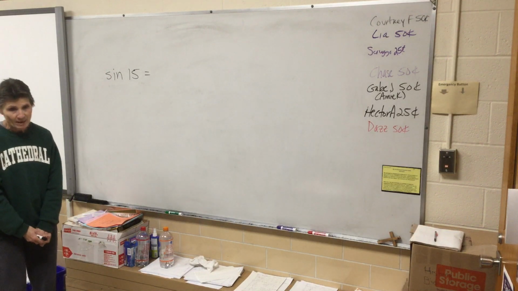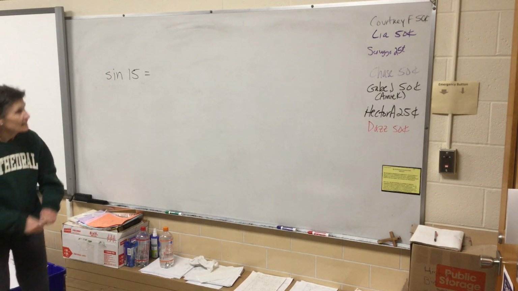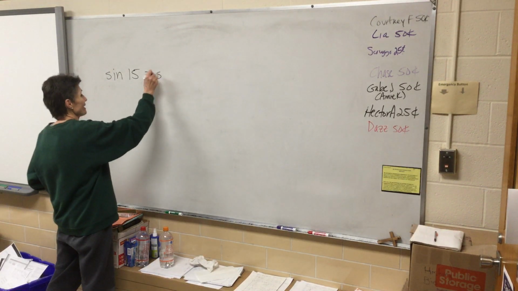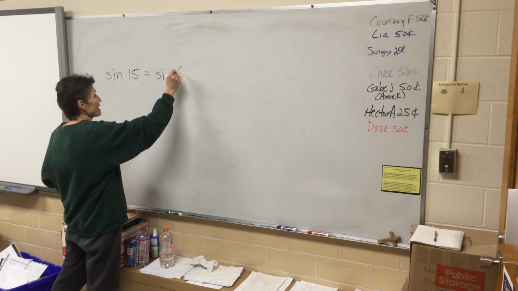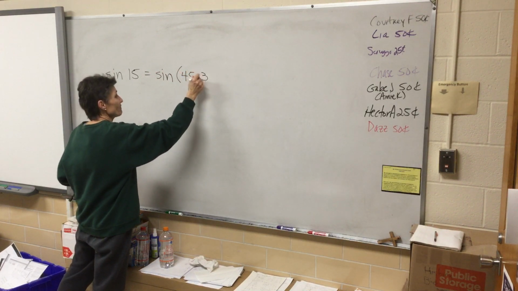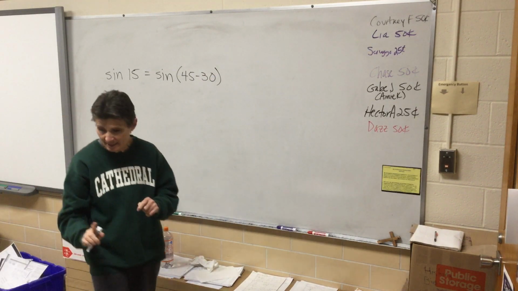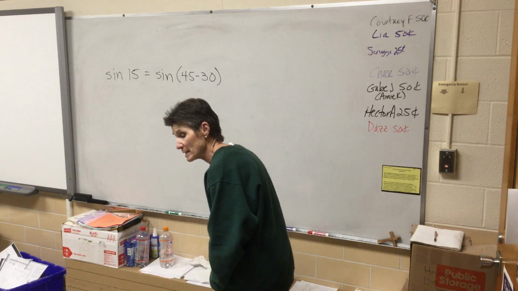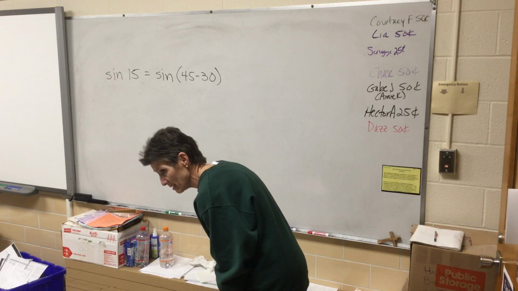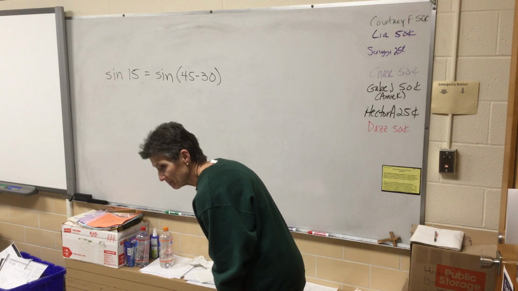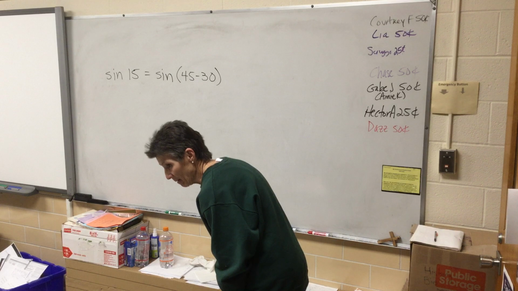However, 15 can be written as, for example, the sine of 45 minus 30. Now, there are other ways to write it. I'm not saying this is the only way. But would you agree that 45 minus 30 is 15? Yeah.